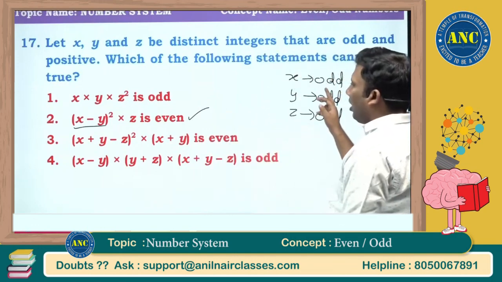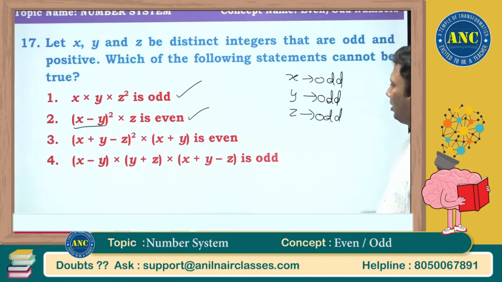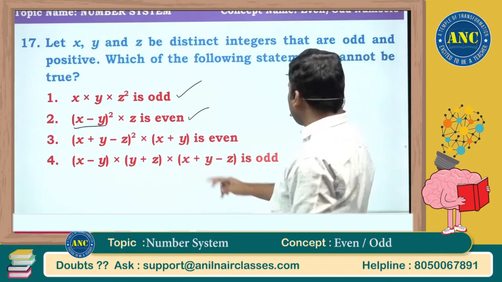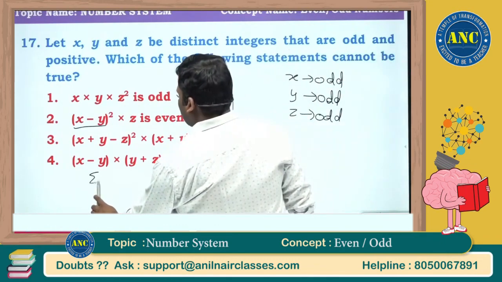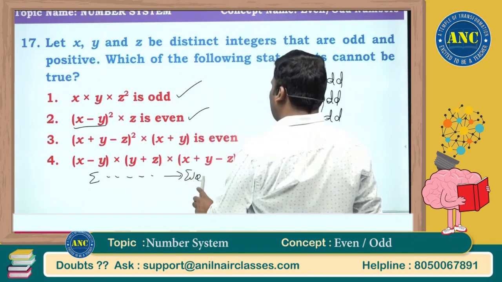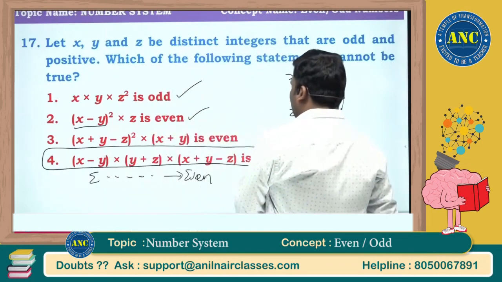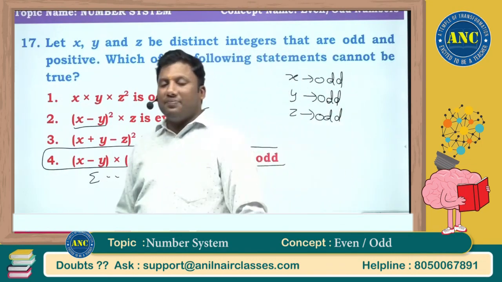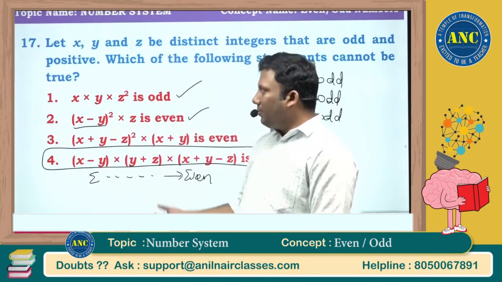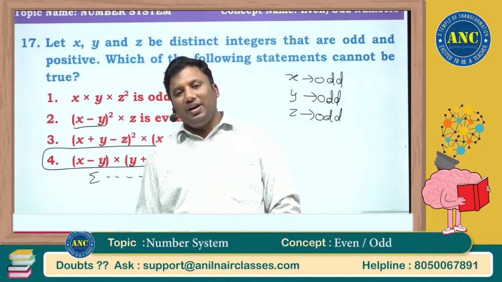First one, odd into odd into odd is odd. Fourth one, x minus y. Odd minus odd is even. Even into any number, answer has to be even. But it is given as odd. That means the fourth statement is definitely incorrect.